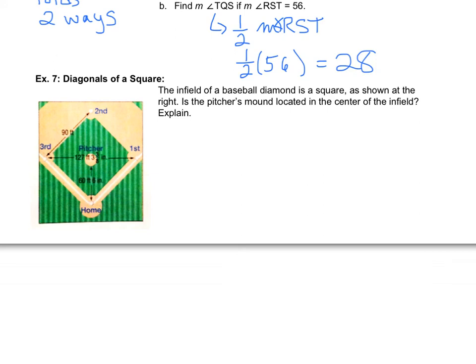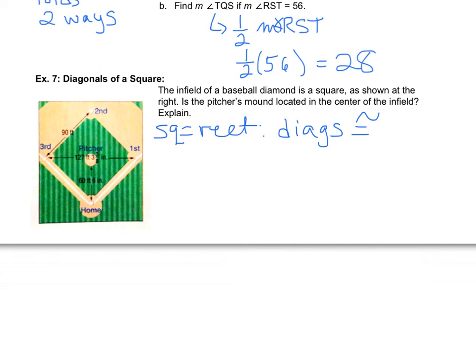It says the infield of a baseball diamond is a square. Remember, a square is both a rhombus and a rectangle. Since a square is a rectangle, the diagonals are congruent. The other thing that is true is that because it is a parallelogram, the diagonals bisect each other.